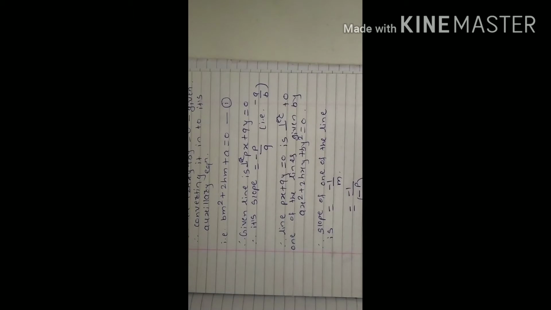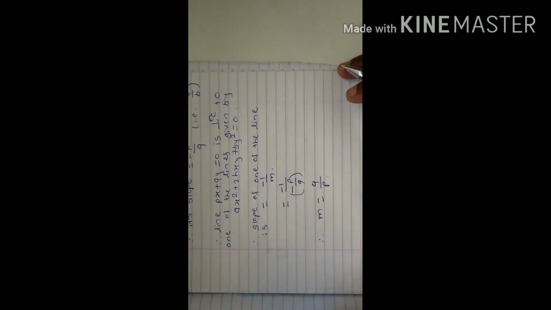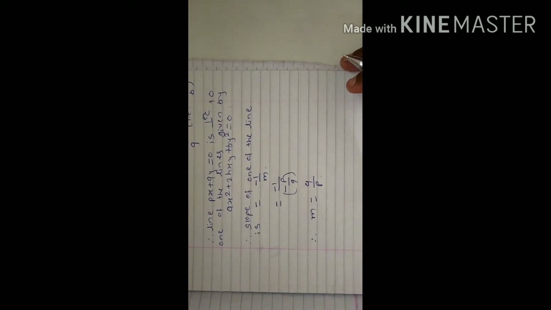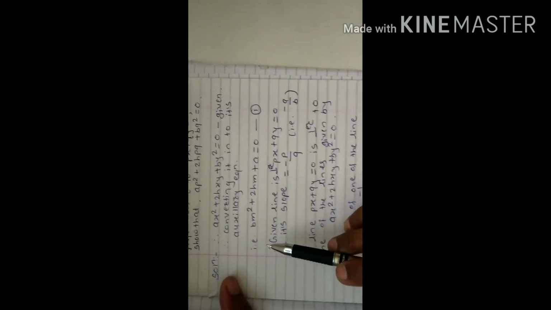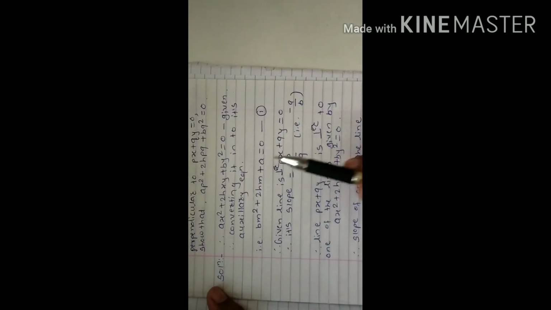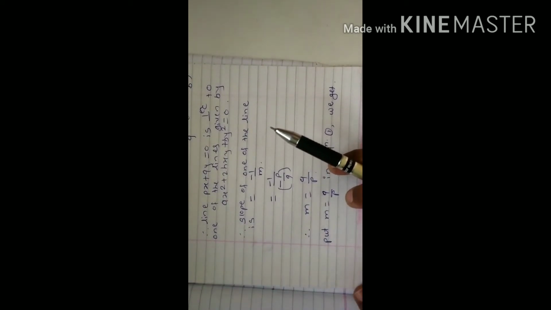Therefore, slope m is equal to q divided by p. Then put m is equal to q divided by p in the above equation, that is, the first equation bm square plus 2hm plus a equal to 0. Put q by p in the place of m.